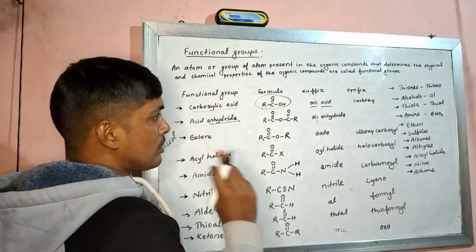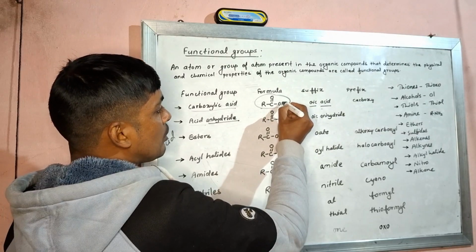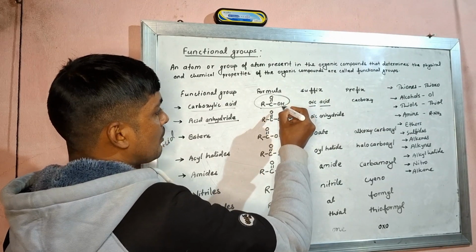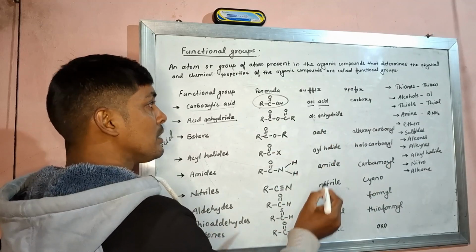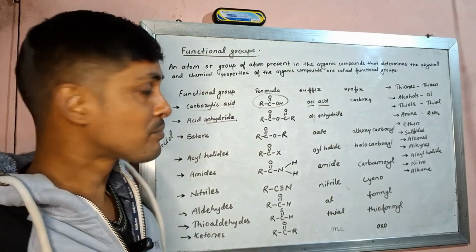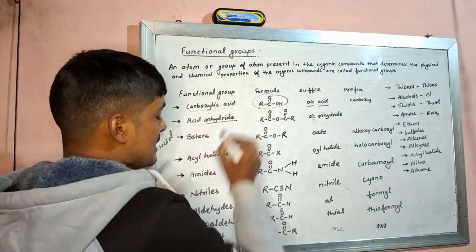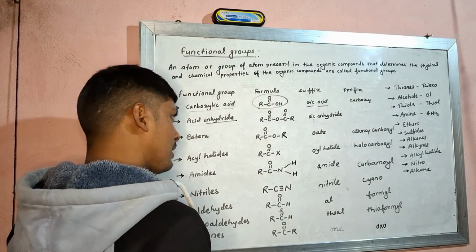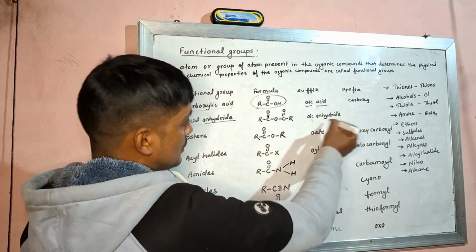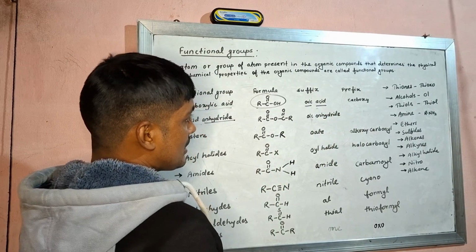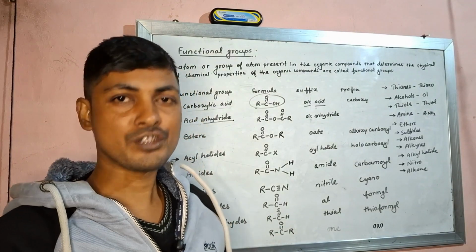If we take two carboxylic acids and we remove one OH from one carboxylic acid and from the other one hydrogen we remove, that means we remove water, and the rest part if we connect together, then it becomes acid anhydride. And for every acid anhydride, the suffix used is oic acid. Generally, acid anhydrides are always used as suffix.